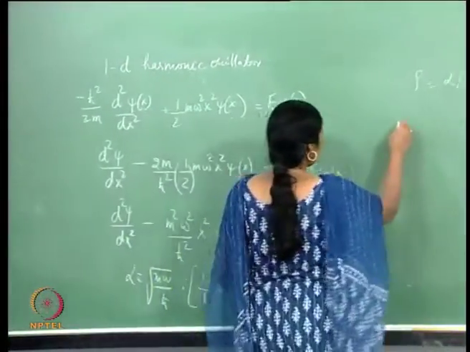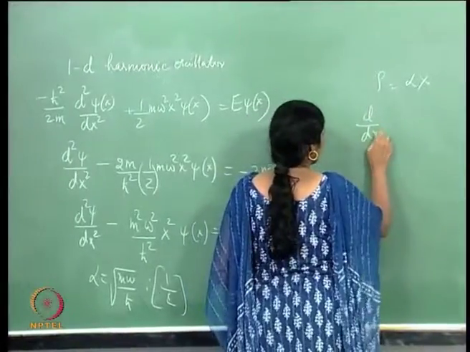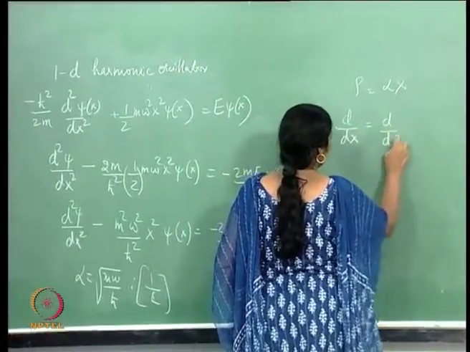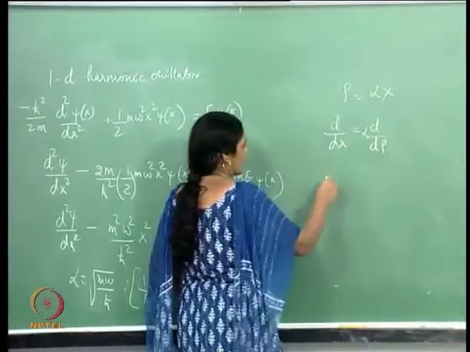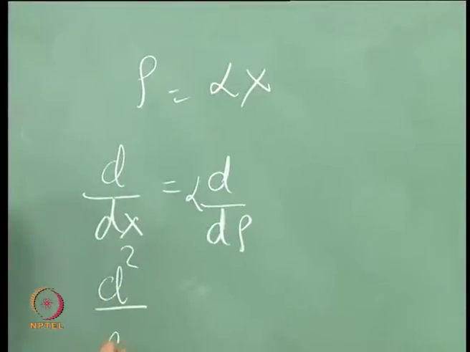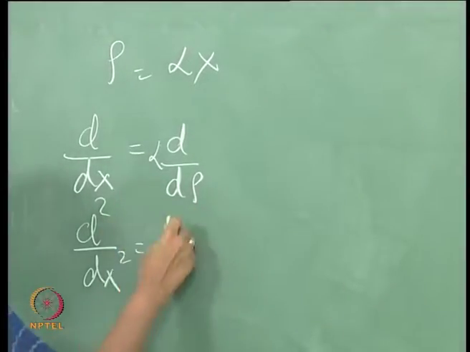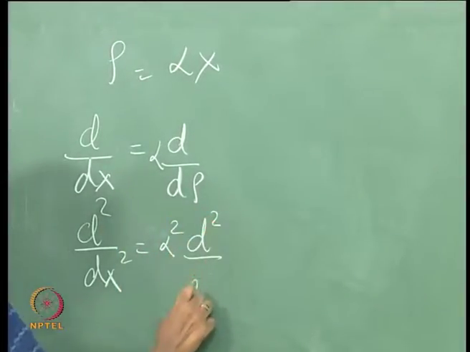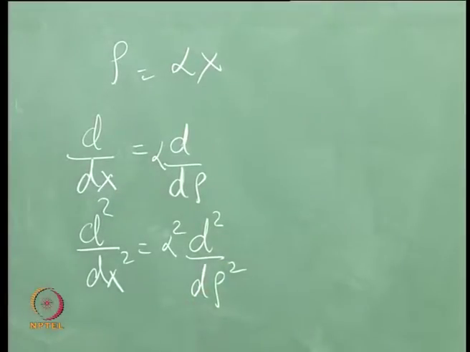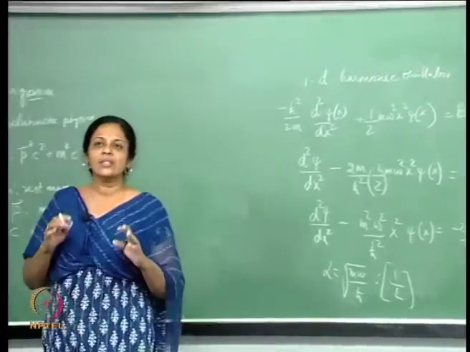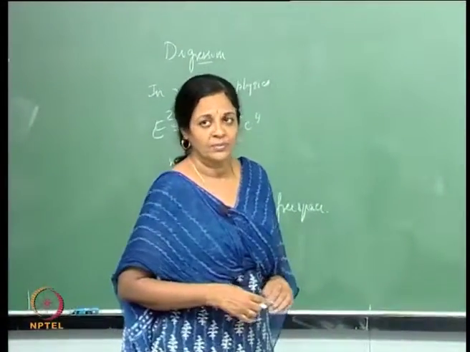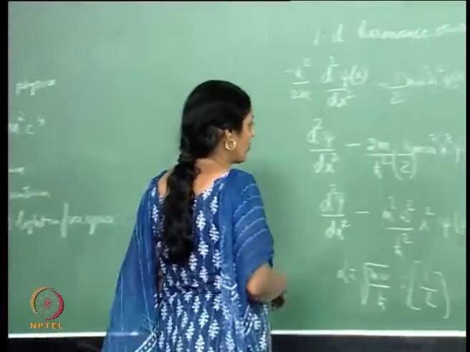Then d by dx is simply d by d rho times d rho by dx, which is alpha, and d2 by dx squared is again alpha squared d2 by d rho squared. So, we can now recast this equation in terms of a dimensionless variable rho, and that is a good way of doing the problem.